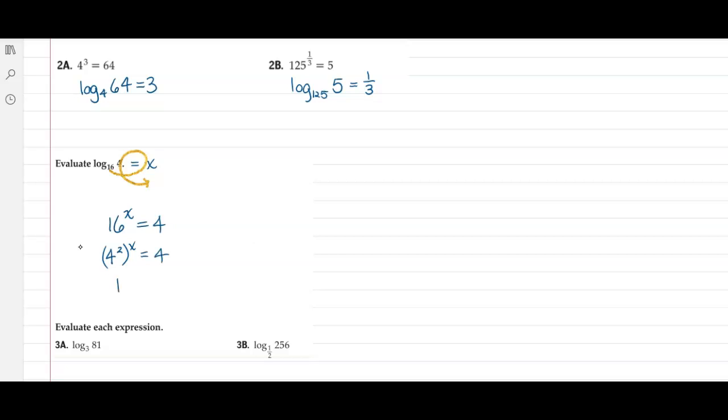Now I have the same base, 4 to the 2x equals 4 to the first. 2x equals 1. So, x is 1/2. So now I know that the log base 16 of 4 is 1/2.